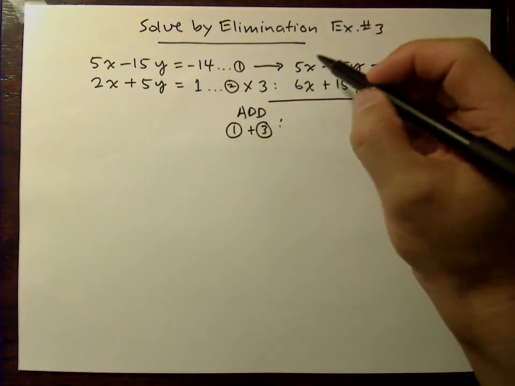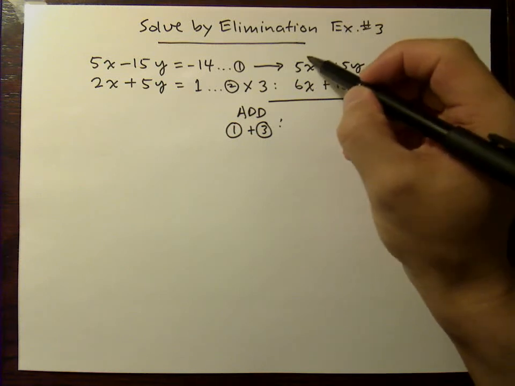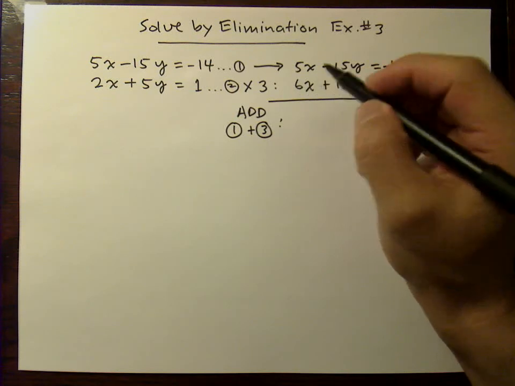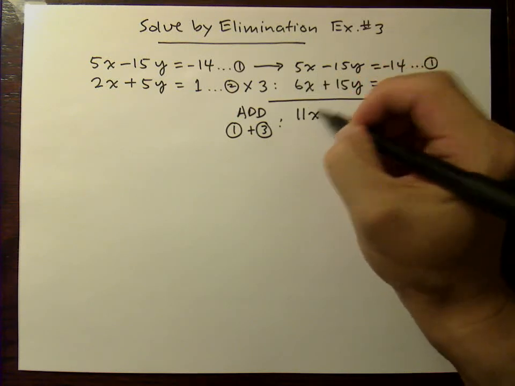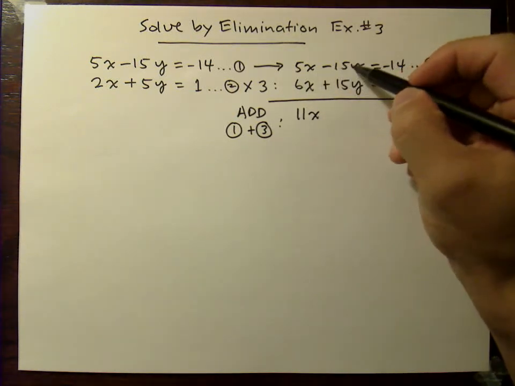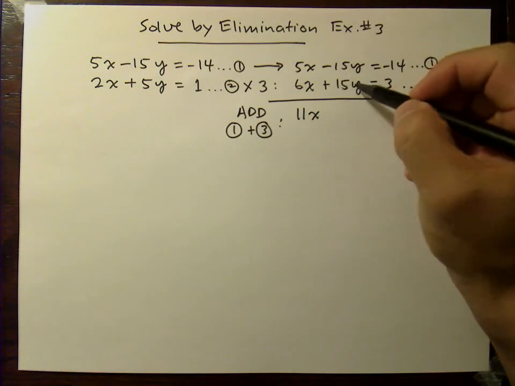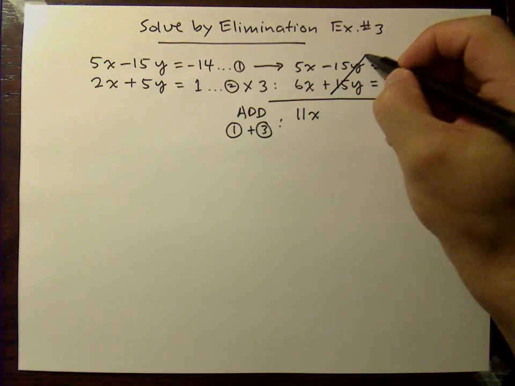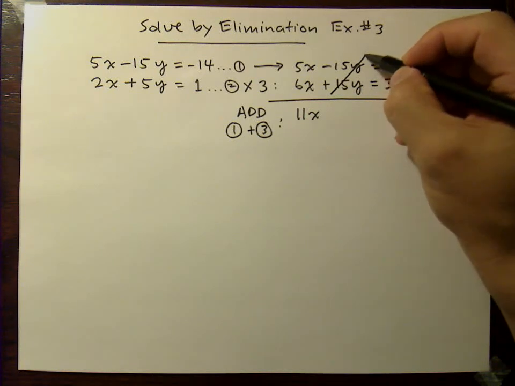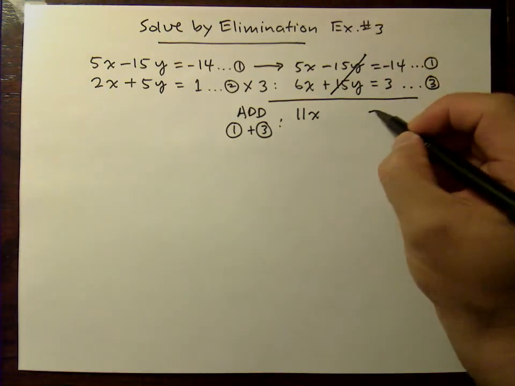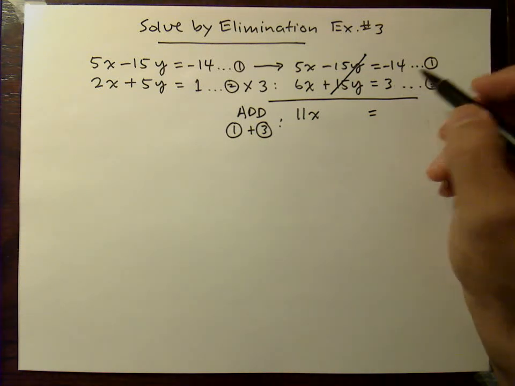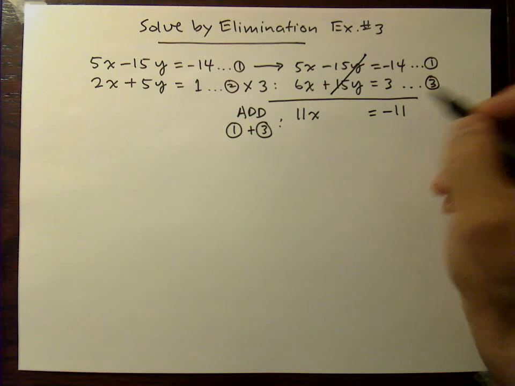And when we do that, let's see what we get. Well, we would have to add 5x with 6x, which gives us 11x, and then negative 15y plus positive 15y gives us 0, which means we've eliminated the y variable. And on the other side, negative 14 plus 3 will give us negative 11.